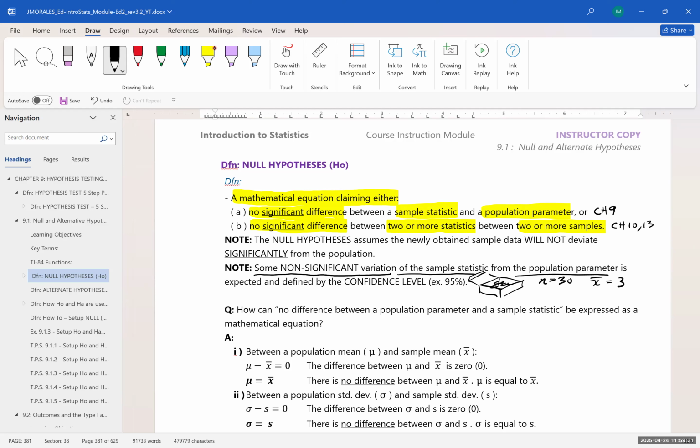So you would expect that even with an average number of 3, if an individual took 4, okay, that's one more than the average, but that's not out of the ordinary. If another person took 2, that's less than the average, but that's not out of the ordinary.